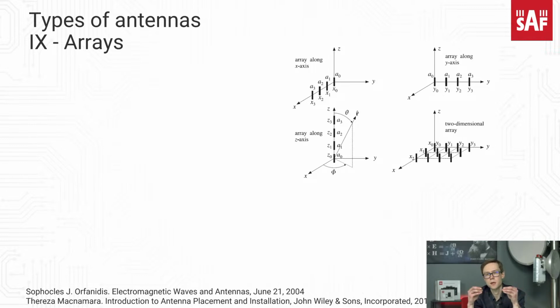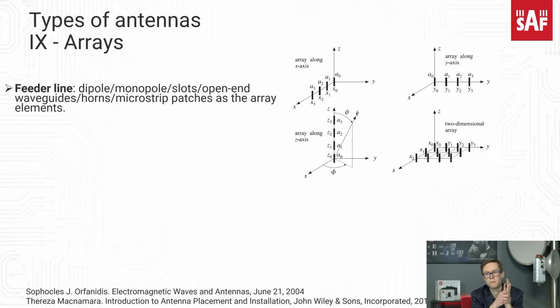There are multiple elements arranged in a predesigned sequence or some particular order, and it can be ordered in just one particular dimension along the x, y axis, for example, or it can be arranged as a surface, in two dimensions, along two axes, forming a square of the elements.